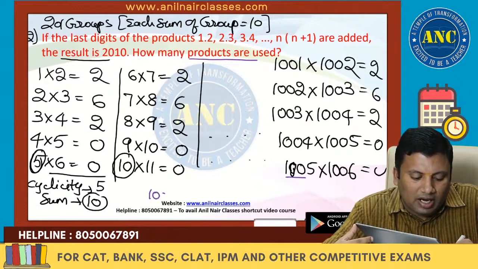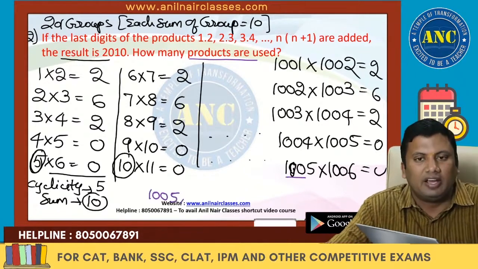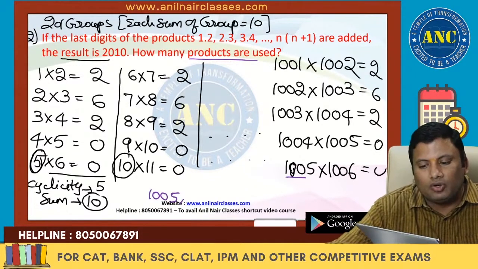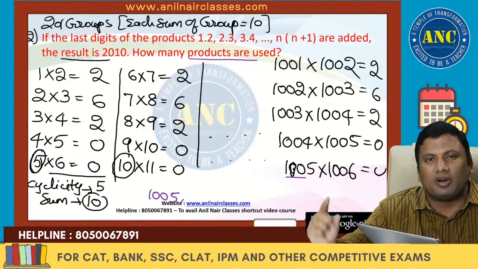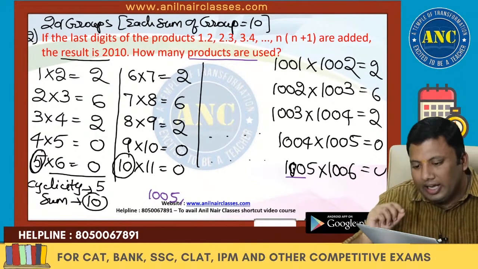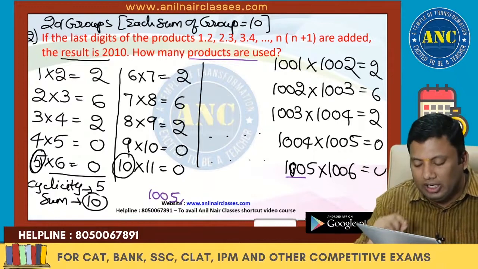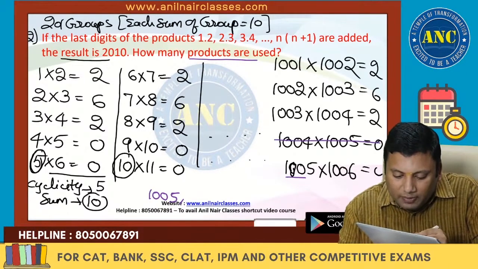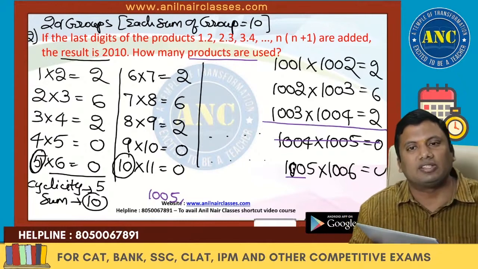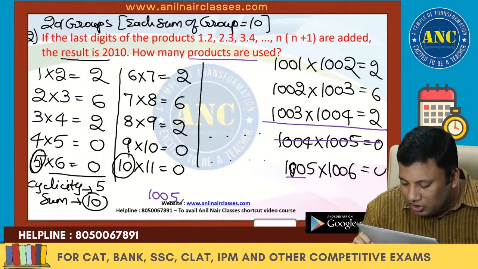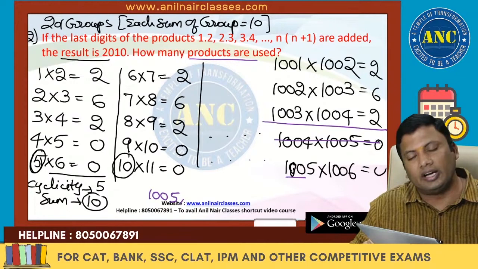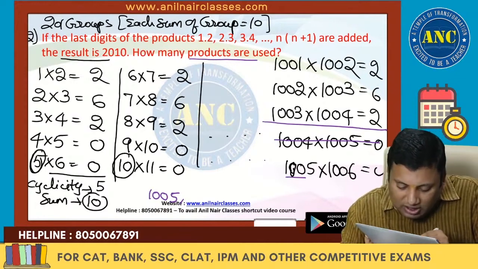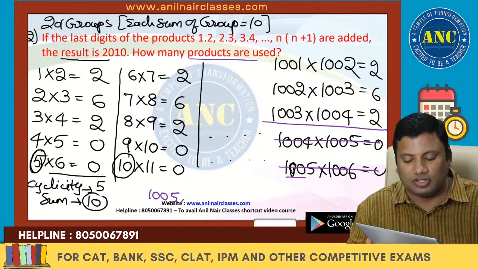You will tick mark 1005, because till 1005 you got the sum as 2010. But see here, I deliberately kept this question because I wanted to tell you that this sum is 0. That means till here also the sum is 2010. 2010 plus 0 is 2010, plus 0 is also 2010.